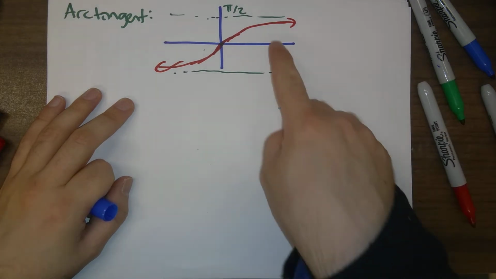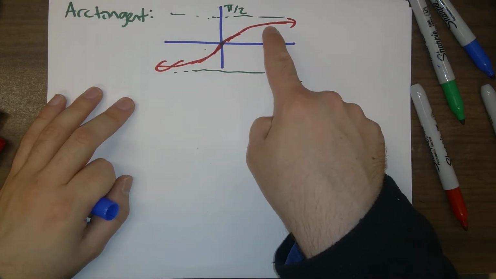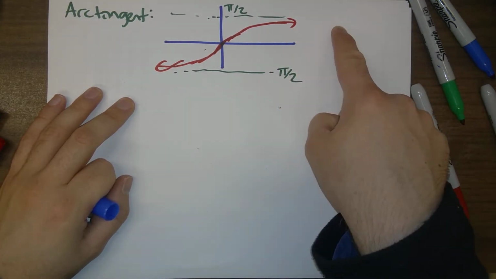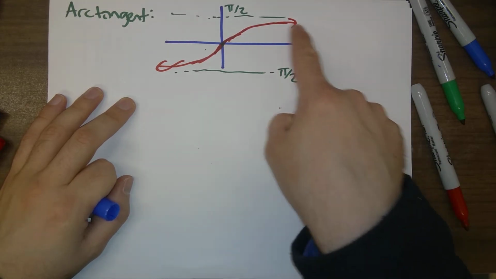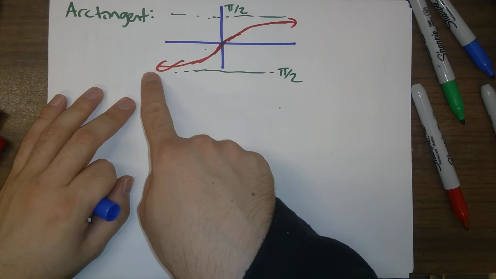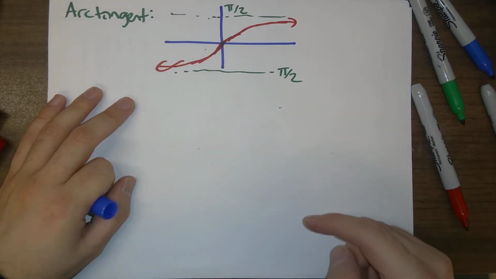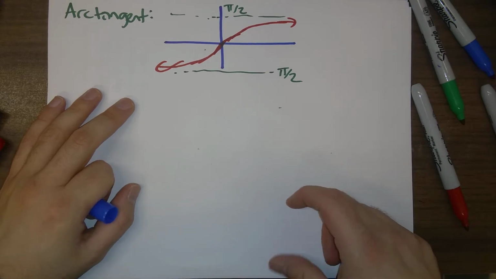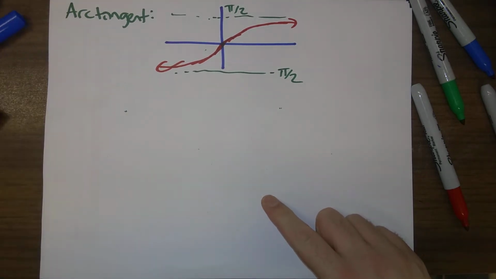It looks something like this. So we can see that the limit of arctangent x as x goes to infinity is pi over 2. The limit of arctangent x as x goes to negative infinity is negative pi over 2. And we also see here that arctangent of 0 is 0.